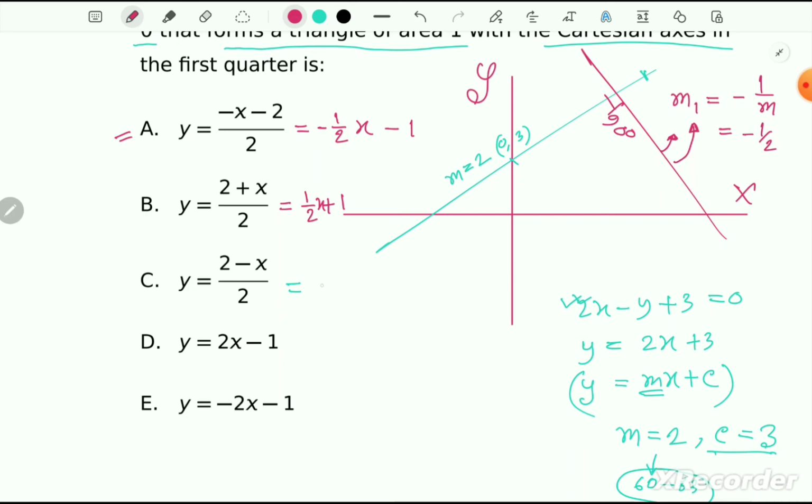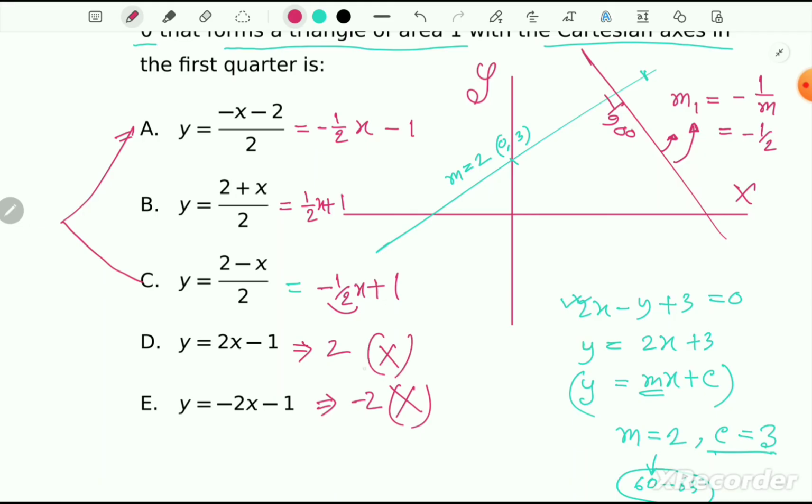In this case we can write negative half x plus 1, so here also slope negative half. So option A and C could be the answer. In this case slope is 2, in this case negative 2, so that cannot be an answer.